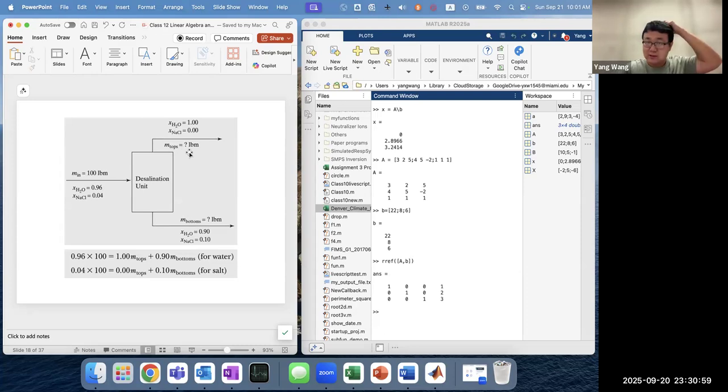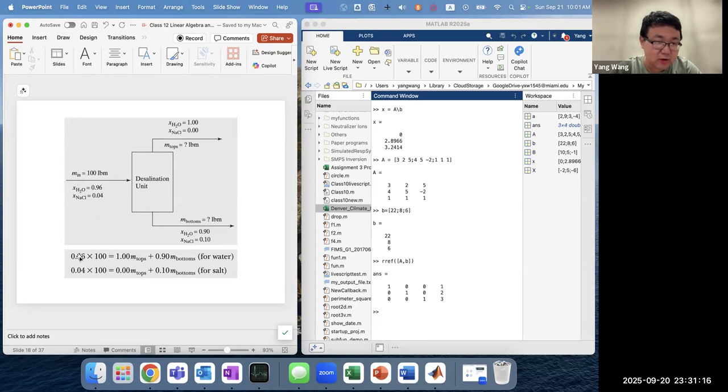You want to find out what the flow rate is, or what the mass is. This is talking about the mass, how many pounds there are, and then also the bottom flow. So we can build up the mass balance. The mass balance is going to be, first, the water balance.